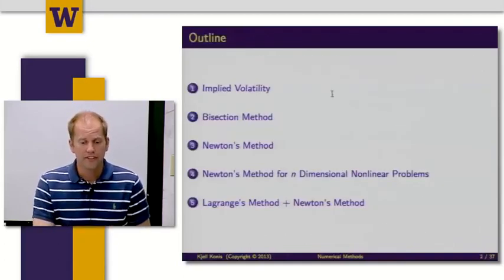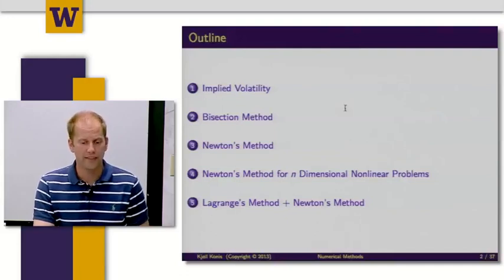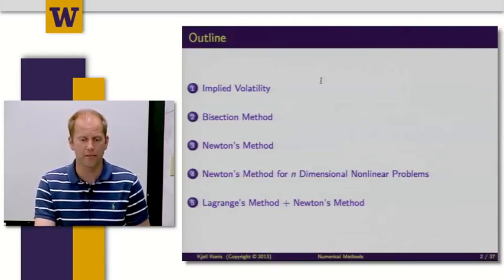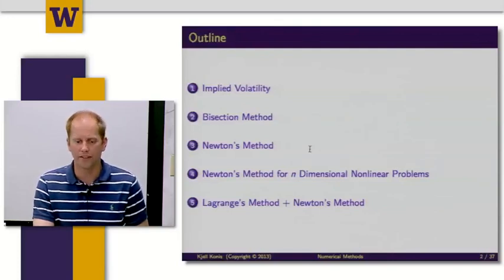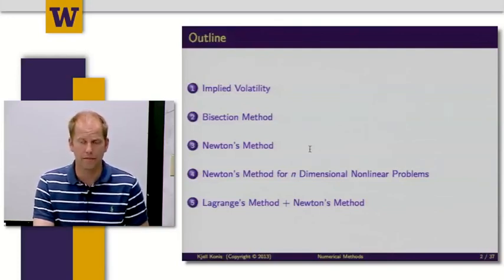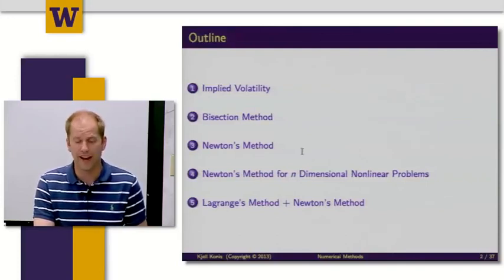For motivation, I'm going to look at a problem called implied volatility, and then I'll talk about two methods for solving it. One is the bisection method, which is a very easy approach to this problem. Then Newton's method, which is not much more difficult, and has some nice theoretical results we can look at.